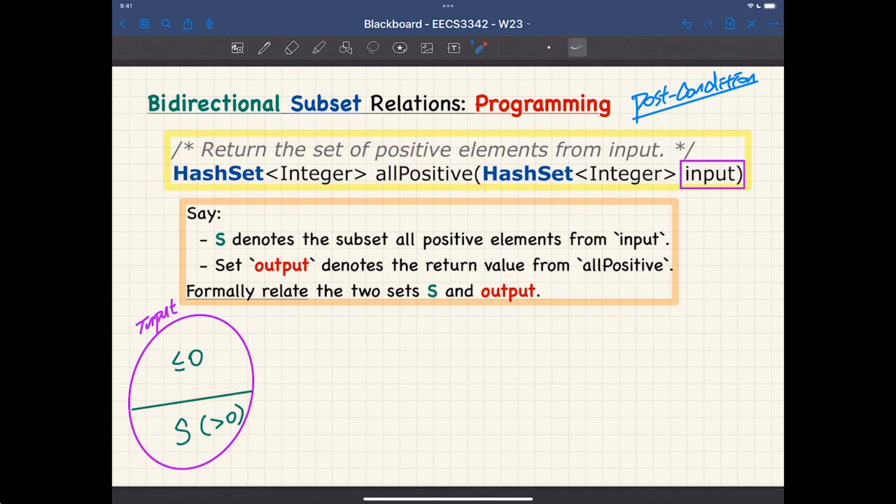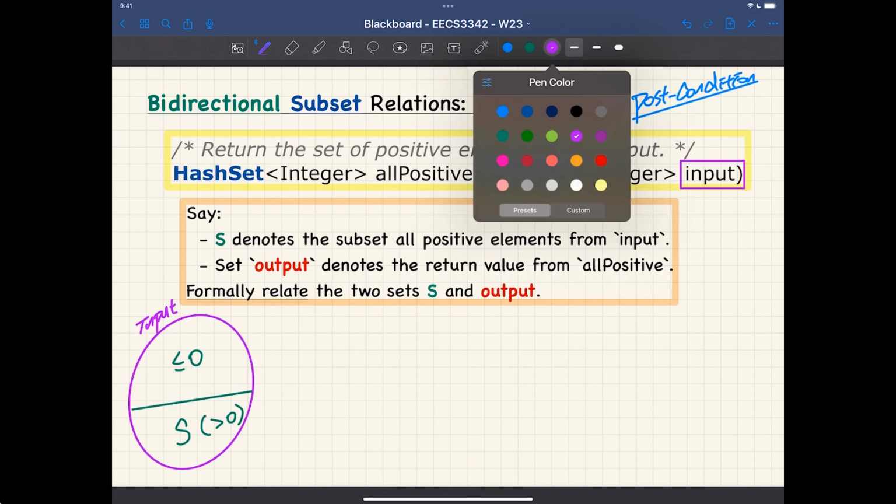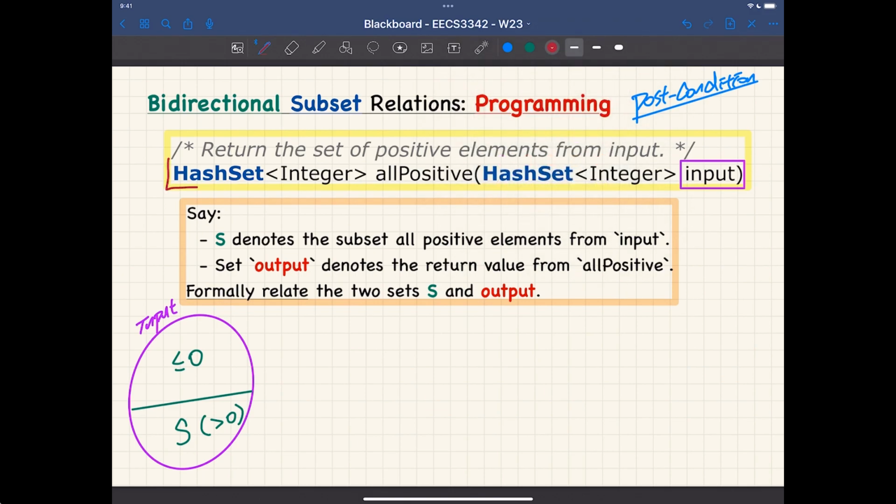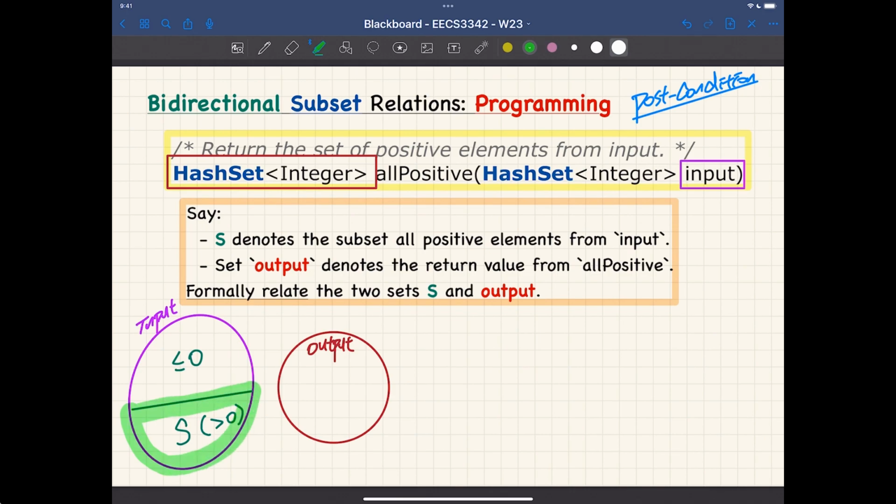But let me write it down and then I'll recap. So what we want to have is for the return value over here, let's say that one there is basically another hash set that's returned. Think about this as the output. So what we really want to specify is this guy over here and this guy over here, they are equal.